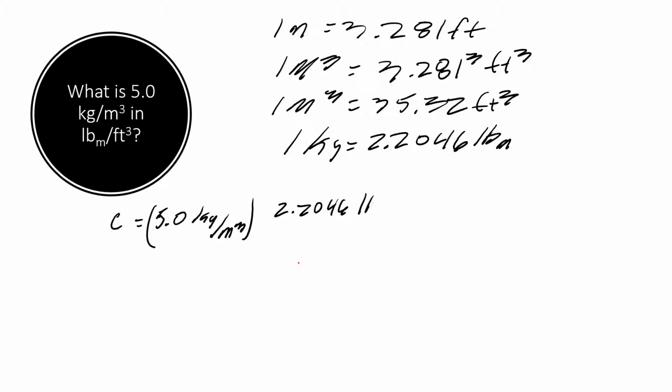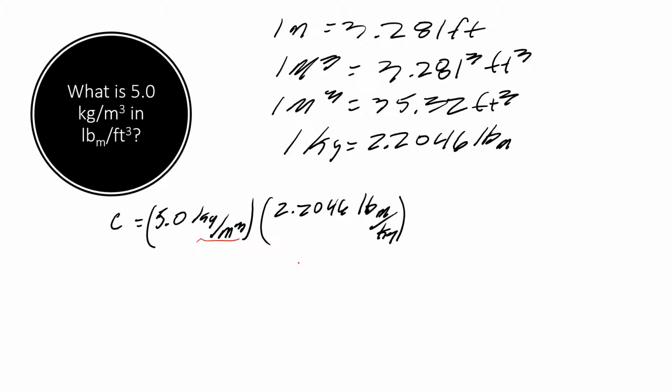Now what about our next one? We have 35.32 cubic feet per cubic meter. So we're looking at per cubic meter, and you can see over here in our initial value, we have per cubic meter there. So we're going to divide this one.